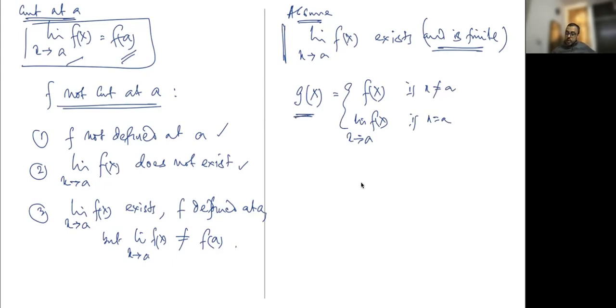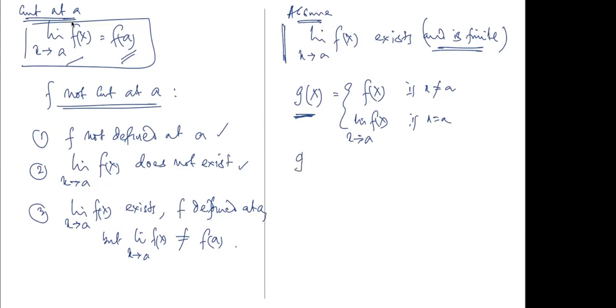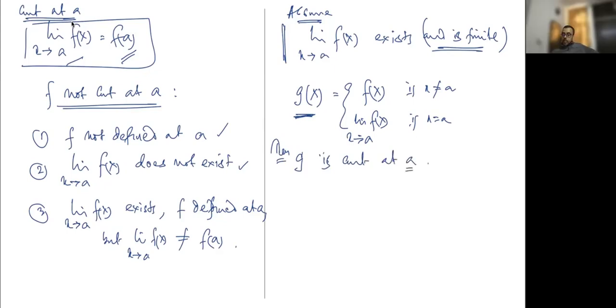So about this function g, what can you say? Is it continuous at a? Yes. Because the limit of g(x) as x goes to a would depend on the values of g in a deleted neighborhood of a. In a deleted neighborhood, as soon as you have left out the point a, g is exactly equal to f.